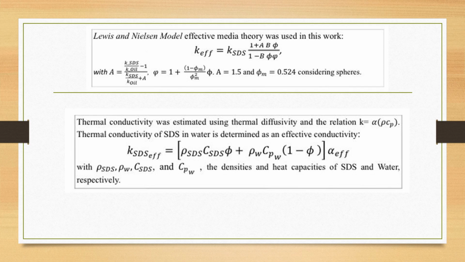The relation is K equals alpha rho C, and the thermal conductivity of SDS in water was determined as an effective conductivity using the density of the water and the SDS and the heat capacity of them.